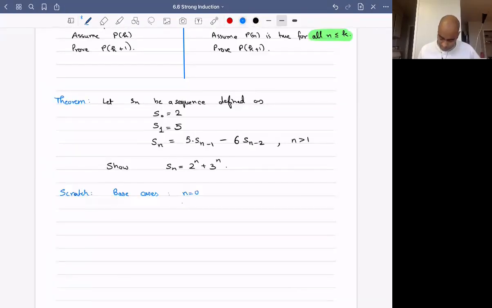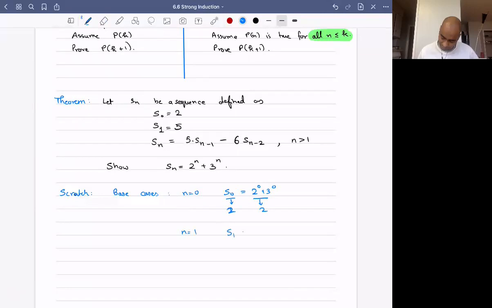I'll do n equals 0 and n equals 1. For n equals 0, I need to show that S0 is 2 to the 0 plus 3 to the 0. The left-hand side is 2, and the right-hand side is 1 plus 1, which is 2. So that gives me the base case n equals 0.